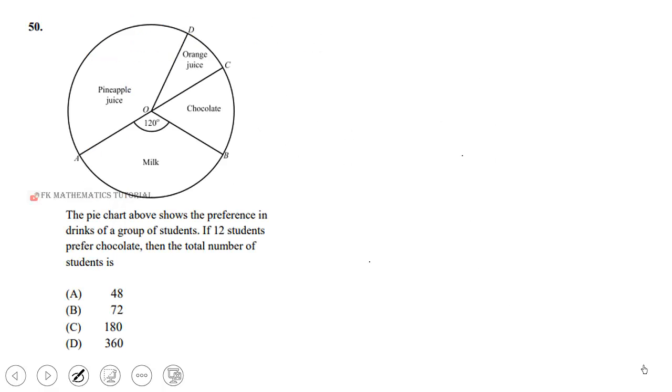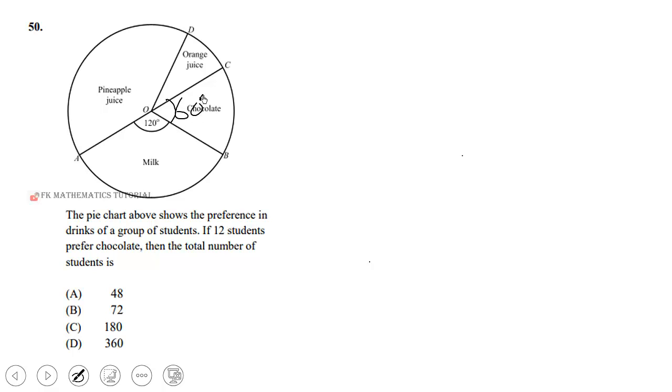Question 50. The pie chart above shows the preference in drinks of a group of students. If 12 students prefer chocolate, then the total number of students is. So if this is 12, then we know AC is half of the circle. It's a diameter. This will be 60 degrees.